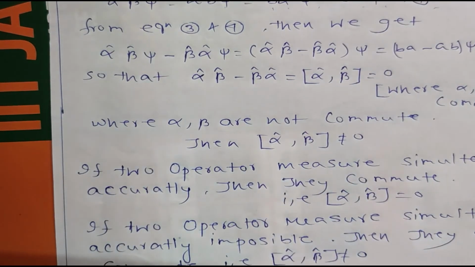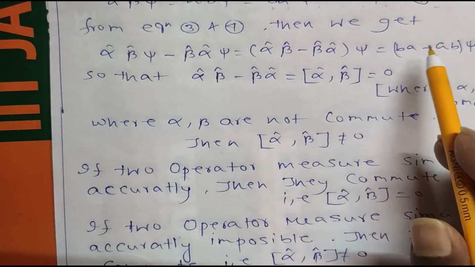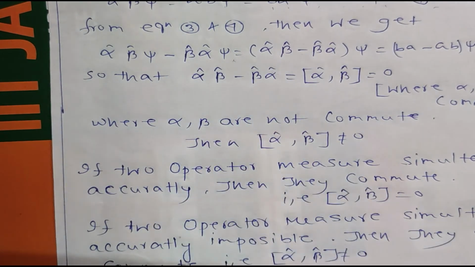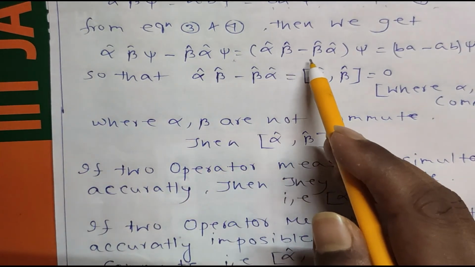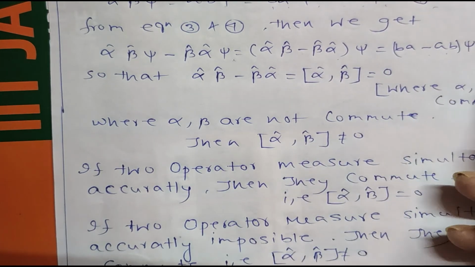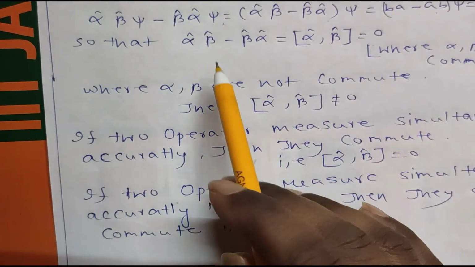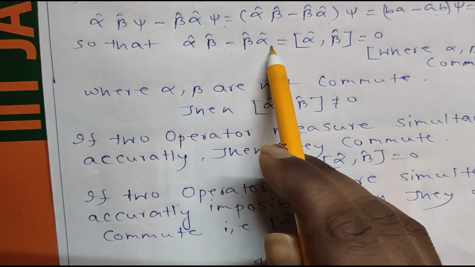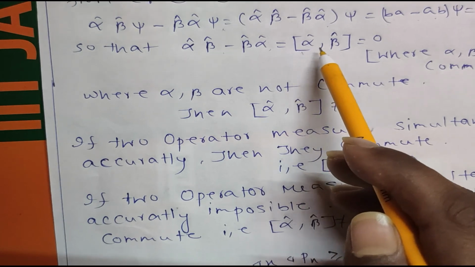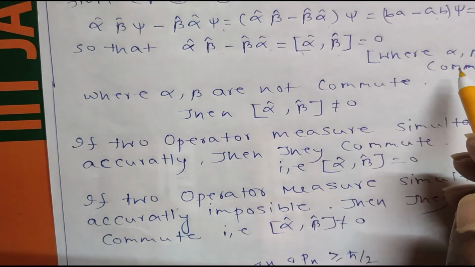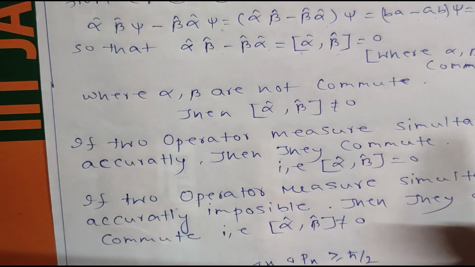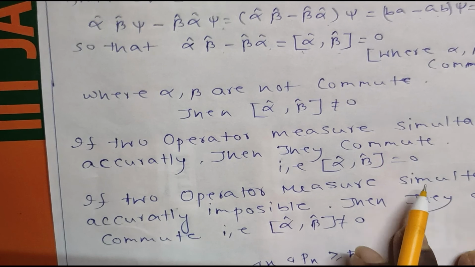From equations 3 and 4, we get alpha beta psi minus beta alpha psi equals ba minus ab times psi, which is equal to 0. So alpha beta minus beta alpha, the commutator of alpha and beta, is equal to 0, and alpha and beta commute. What is commutation?